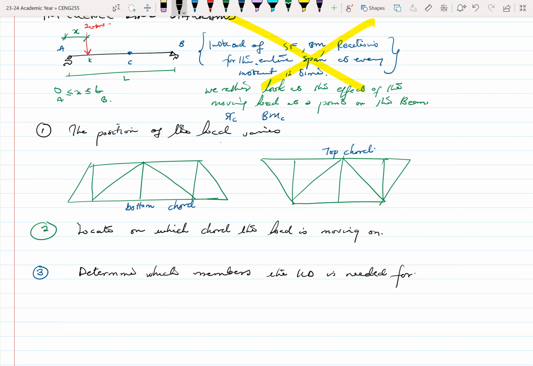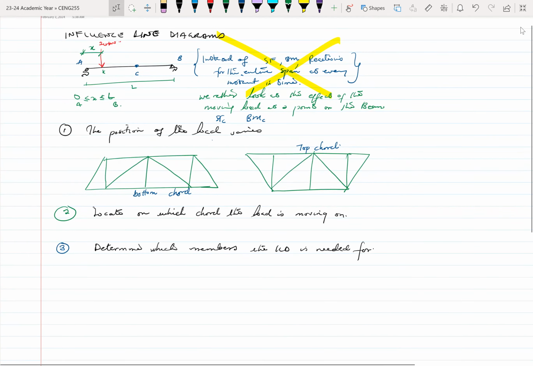But in a design office, where you're designing influence line diagrams for reactions or for forces in the axial members, you will do it for all of them. Then from there you can decide which one has the worst effects and design accordingly.